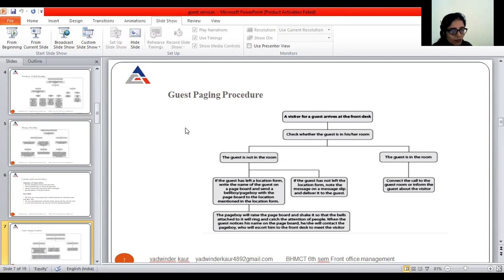The page boy will raise the page board and shake it so that the bells attached to it will ring and catch the attention of people.